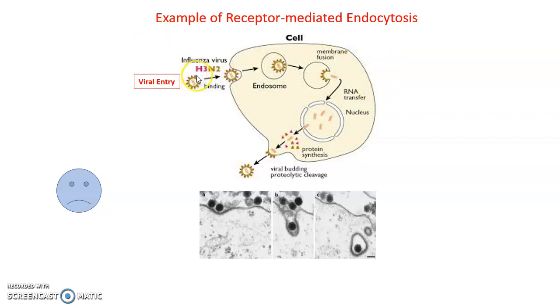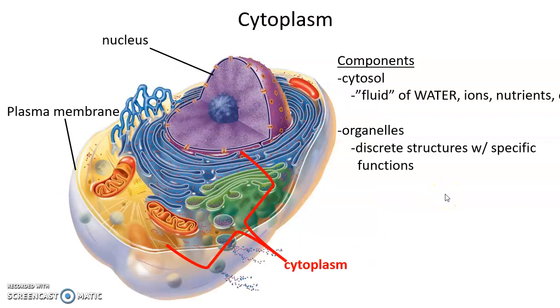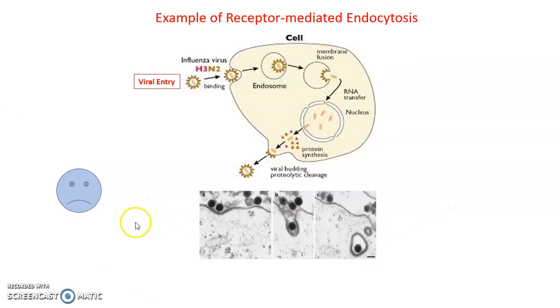The viruses will have on their surface little proteins that will mimic the substrate and bind to those receptors, tricking the cell to bring the virus into the cell. So for example, influenza uses this approach to get into our cells and then take over the cell, turning it into a virus factory. So here, viruses at the surface of the cell, virus gets brought in, and now it's inside of the cell. And this is where we'll stop for this part of the lecture.